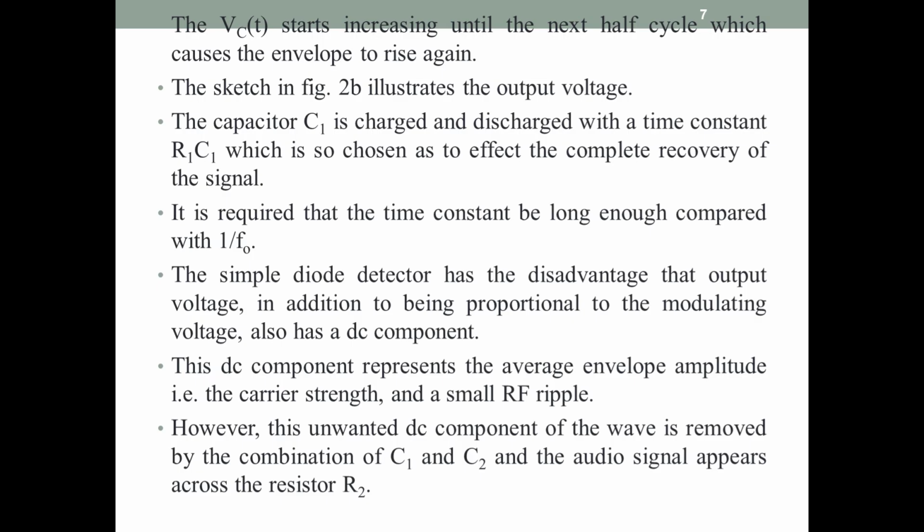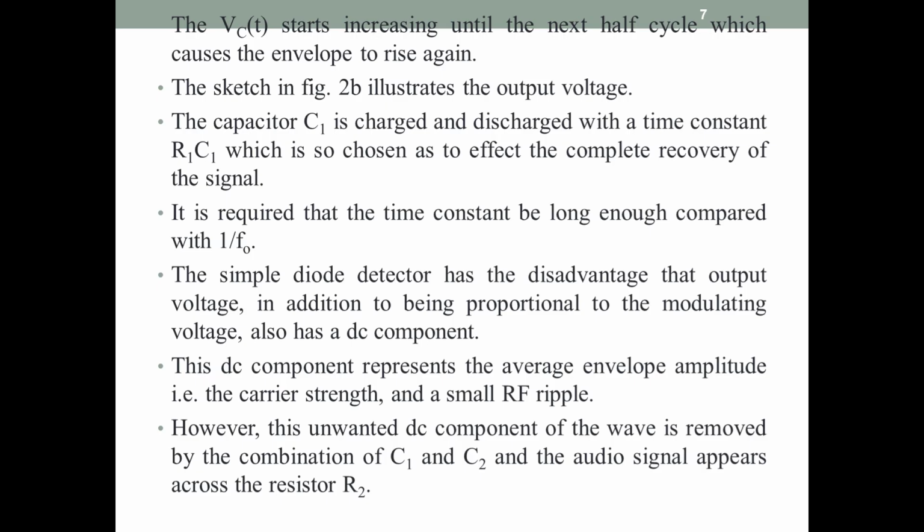It is required that the time constant be long enough compared with 1/f0. The simple diode detector has the disadvantage that output voltage, in addition to being proportional to the modulating voltage, also has a DC component. This DC component represents the average envelope amplitude, that is, the carrier strength, and a small RF ripple.